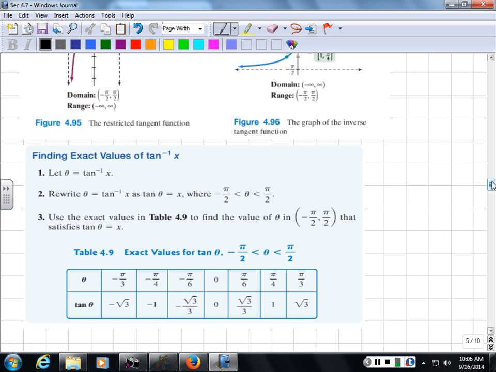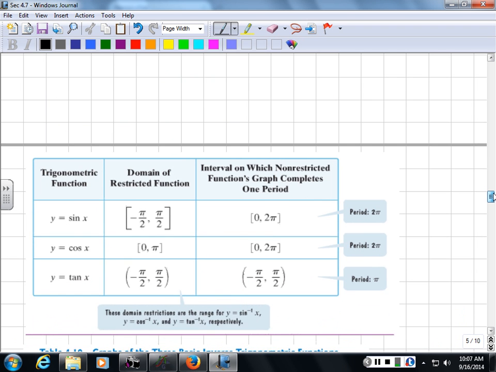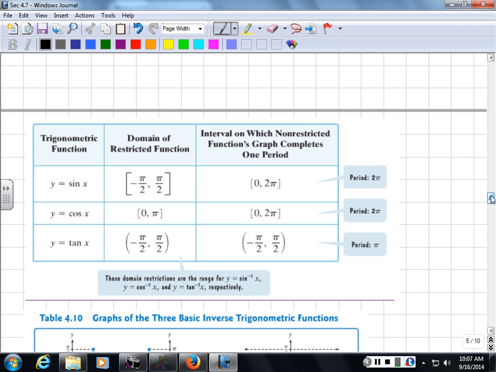Let's look at how these things relate. We've got y equals sine of x. That's the domain of the restricted function. That's the interval on which the non-restricted function's graph will have one complete period, 0 to 2 pi. Y equals cosine x, the restricted domain is 0 to pi.